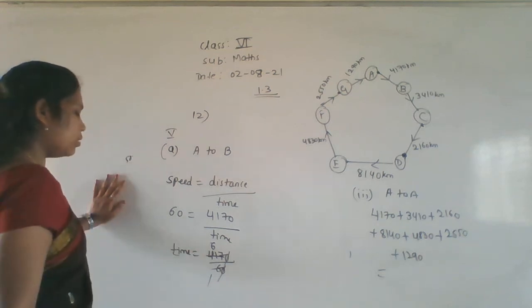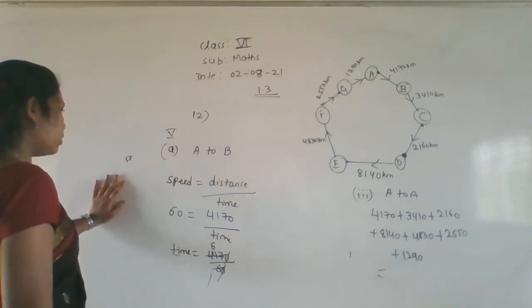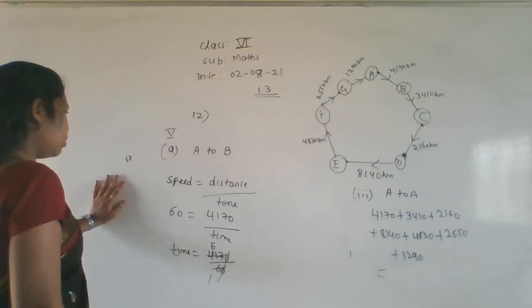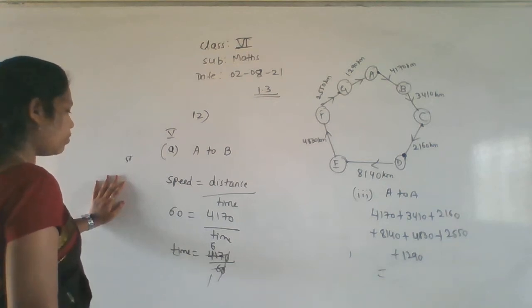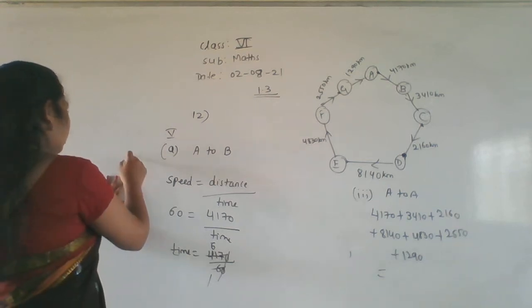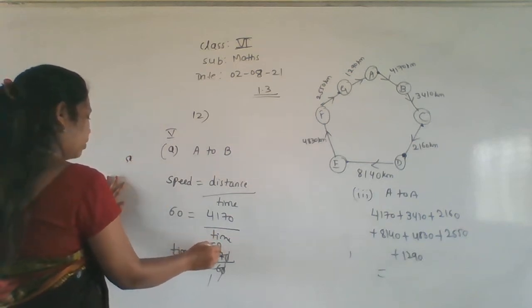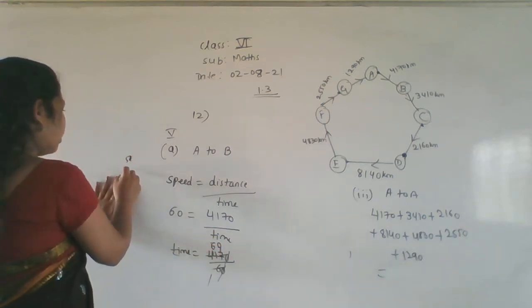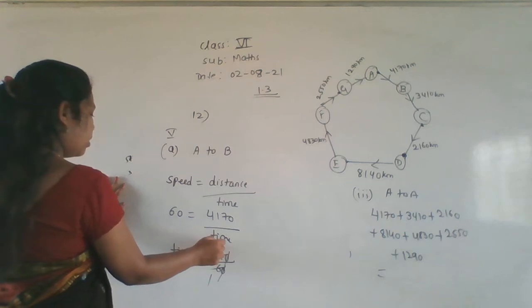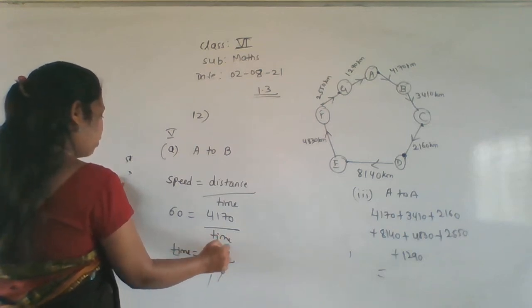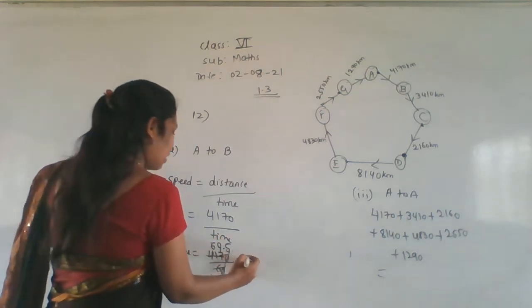So 6 8s are 48. No, 6 9s are 54. And after that 3 left is point, means here 6 5s are 30. So what is the time here?